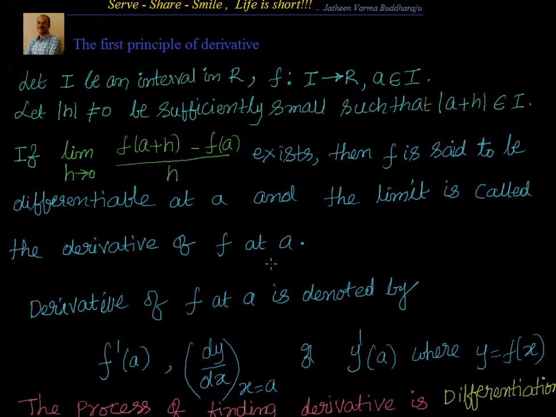So the process of finding the derivative is called differentiation. Also derivative of f at a is denoted by f dash a, or dy by dx at x equal to a, or y dash a where y equals f of x.